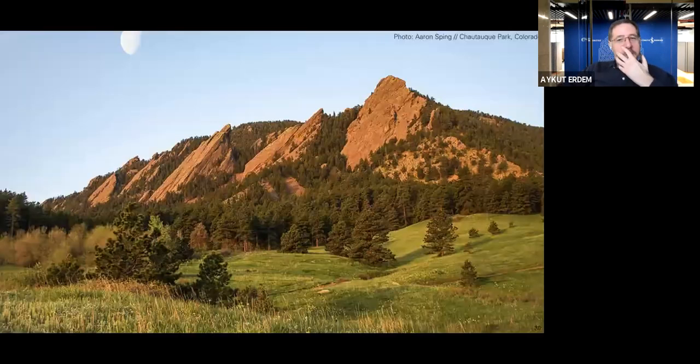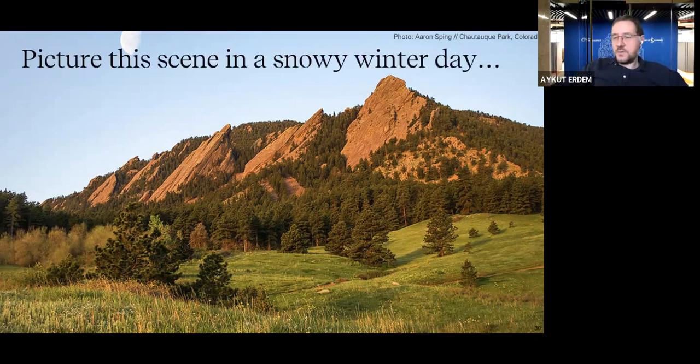So after talking about all this related work, let me define our problem. Suppose that we are given an input image, and the task is to imagine this same scene under different conditions. For example, picture the scene for a second as if it were a snowy winter day.